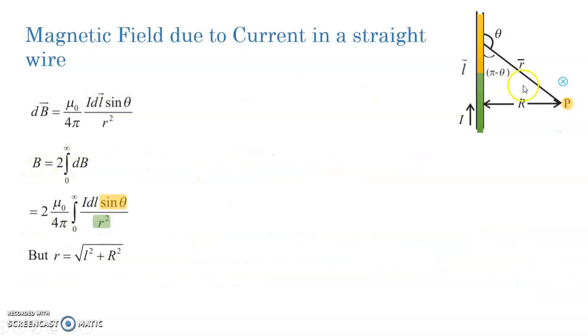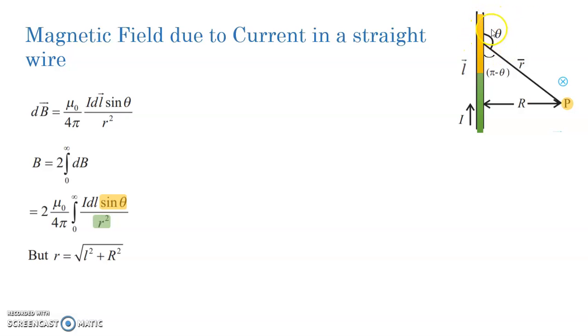By using Pythagoras theorem for this triangle, we get small r square is equal to L square plus capital R square. So r will be equal to square root of L square plus capital R square.